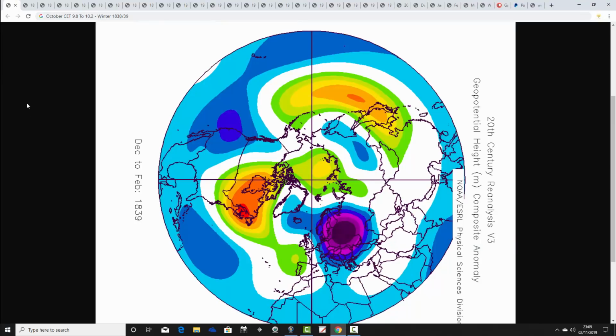So this is our first winter. It's the winter of 1838-1839, following an October CET of 9.8 to 10.2. By the way, I said when we did the first batch of analogues for Richard's Outside of the Box, I've got some interesting news about the analogues. If I just highlight this just here, V3, this is actually a new version of the analogues at NOAA that we are onto now.